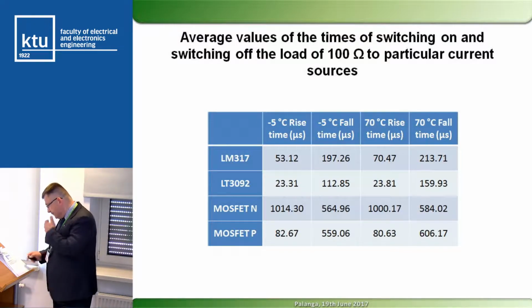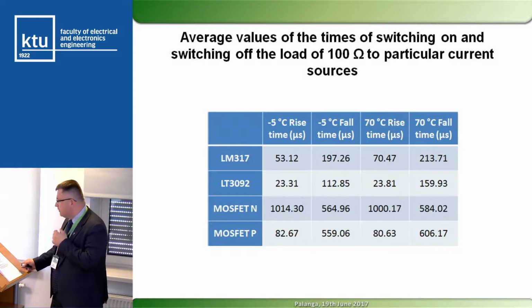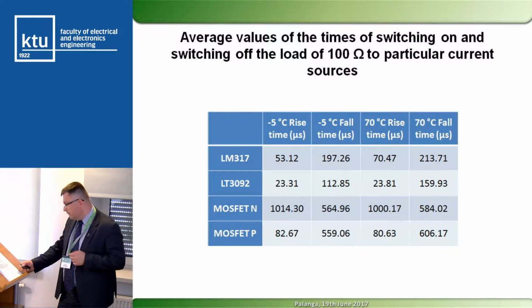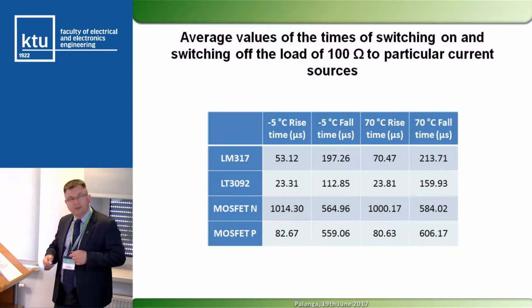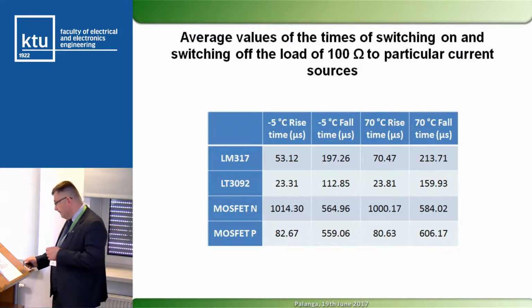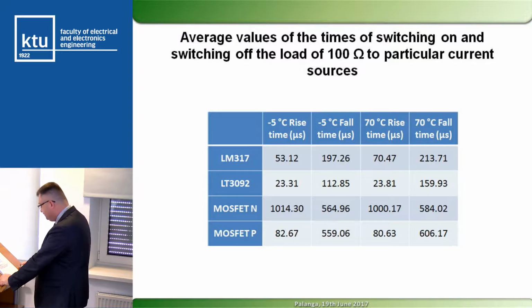As you see here, the smallest difference between rising and falling time occurs for the MOSFET N-type transistor, but huge settling time values around 1 second and rising time about 0.5 seconds are a disadvantage of this current source.